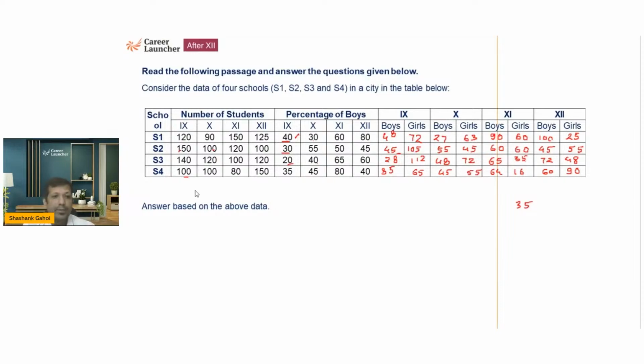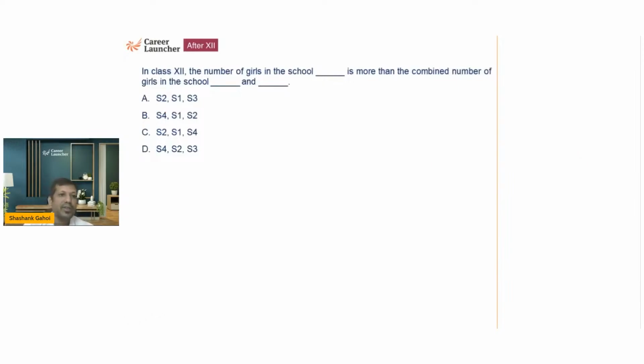So I can say the number of girls in S4, in class 12, is combinedly more than S1 or S2, or S1 or S3. That is also greater than S1 plus S3, but it is not greater than S2 and S3. So S4 is greater than S1 and S2. So the answer of this question is directly going to be option B. S2 and S3 is 48 and 55, not possible.